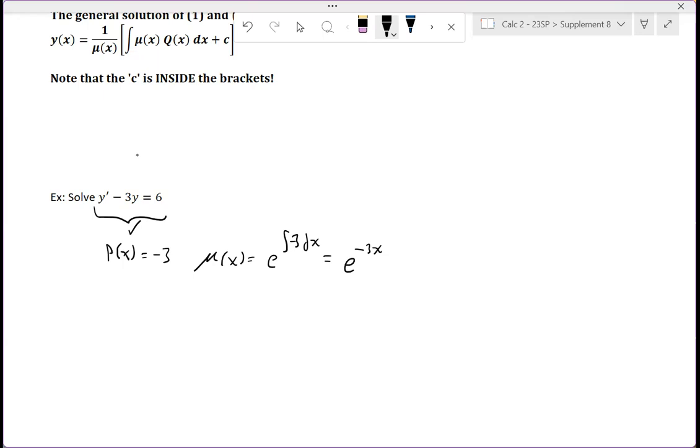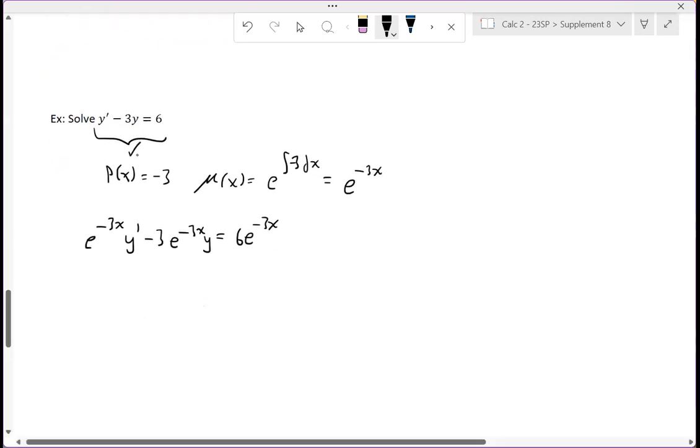So if I multiply both sides of this equation by e to the negative 3x, again, easy to forget to multiply on the right-hand side if we don't do this kind of extra step and if we're not careful with things.